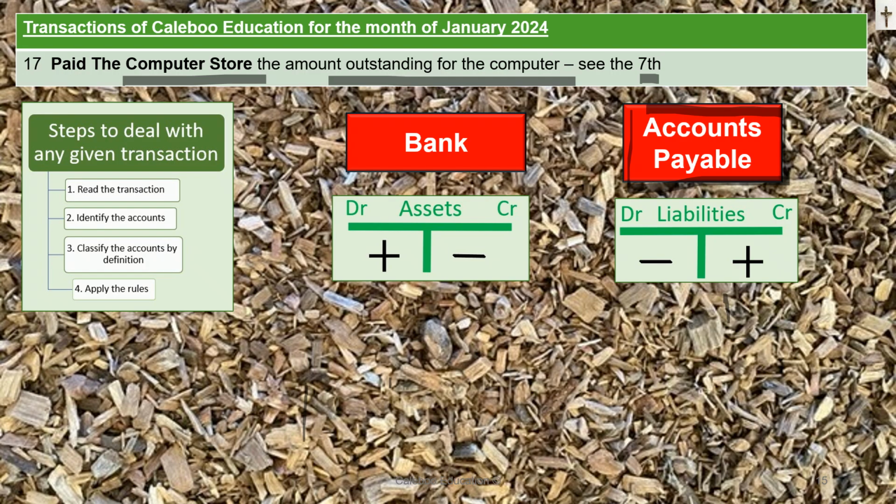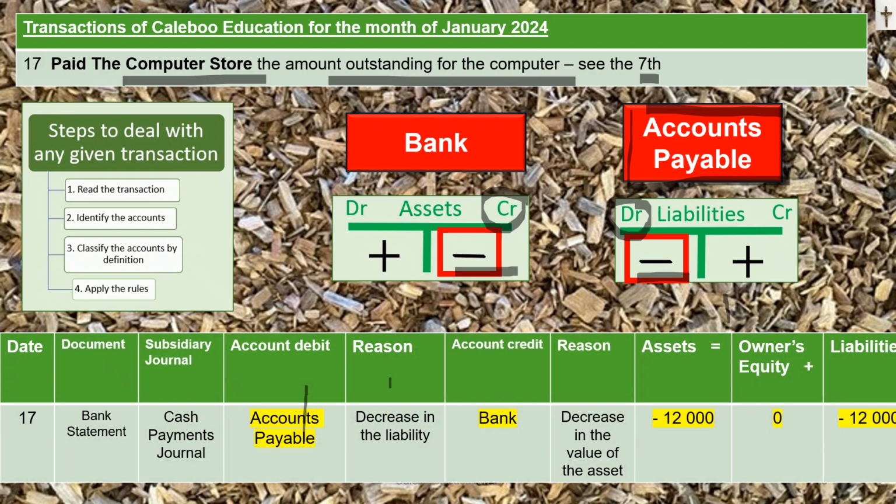So back to this transaction, we are paying the computer store, and the liability has decreased. Credit and debit. The account that is debited is accounts payable, decrease in liabilities.